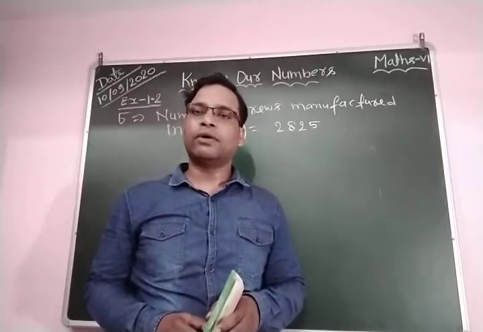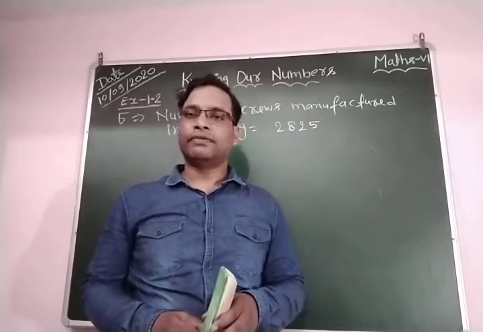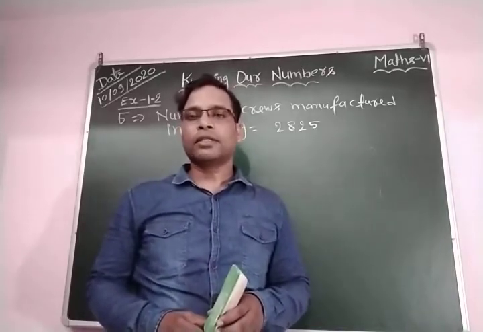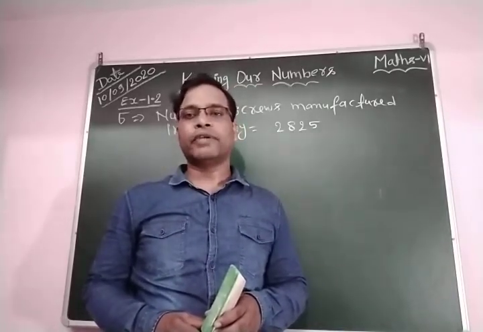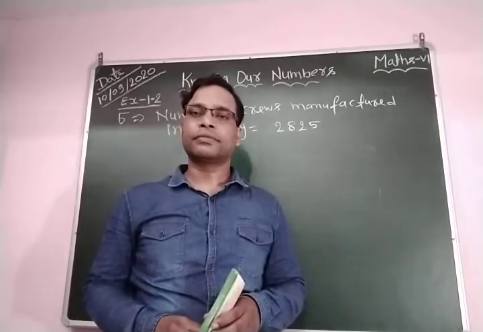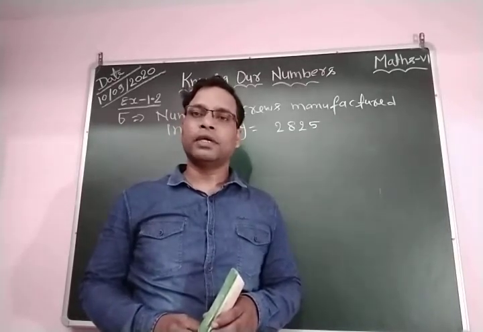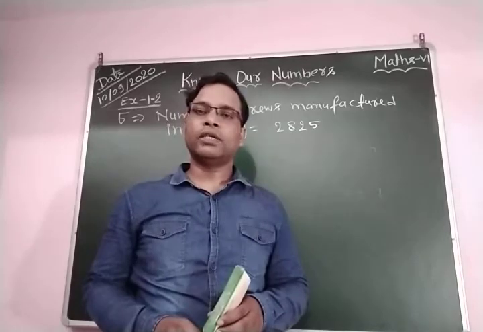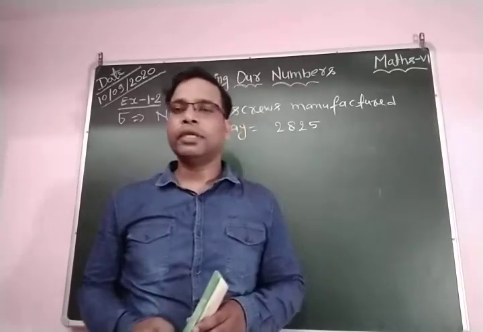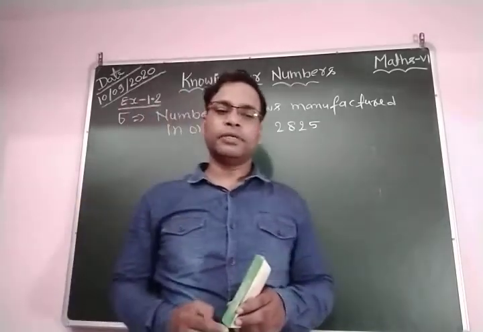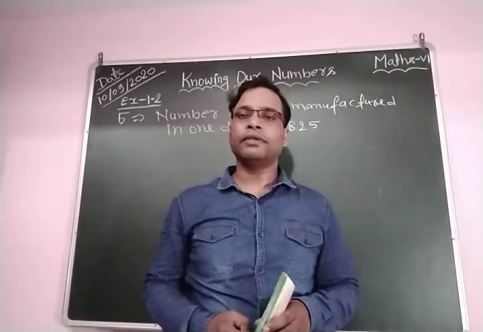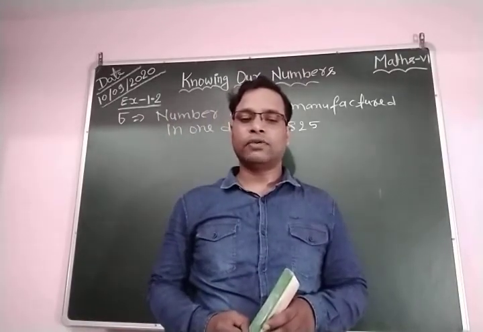Okay, in this question this is given, and the number of screws manufactured in one day is 2825. So we need to find the number of screws manufactured in the month of January. Okay, so how many days in the January month? Tell me. You know very well that this is 31.